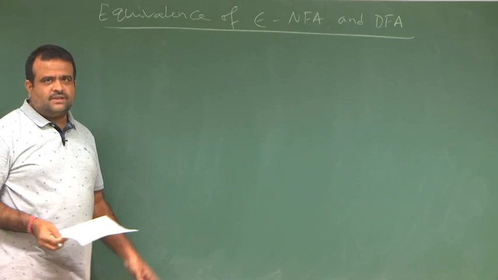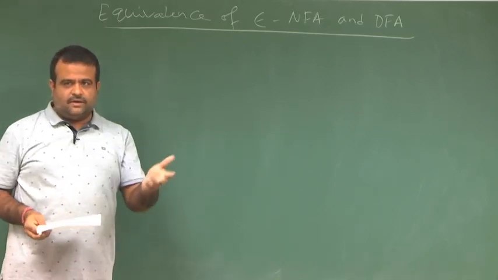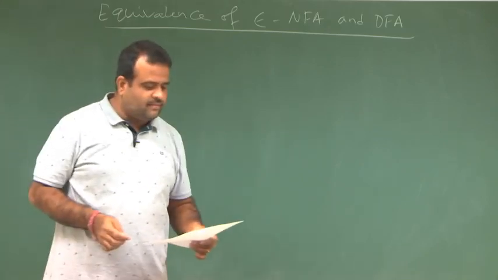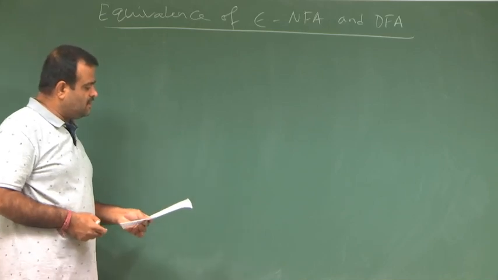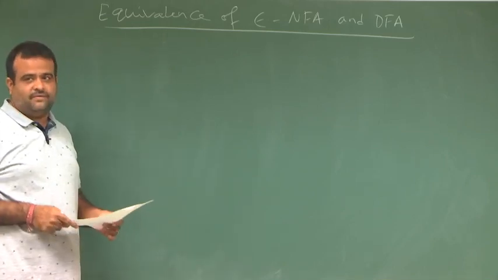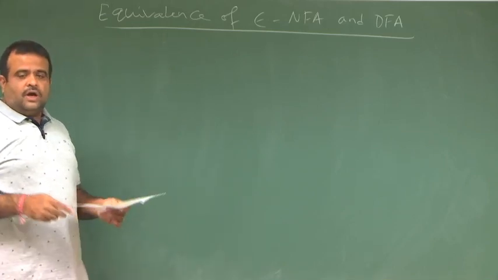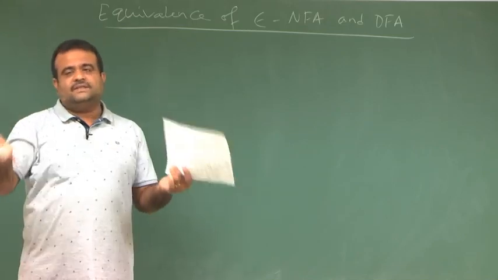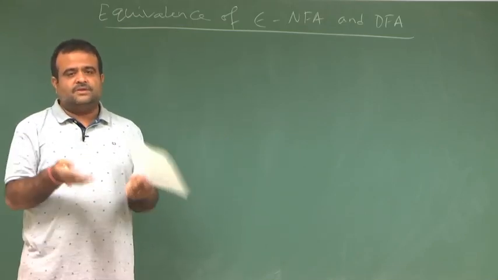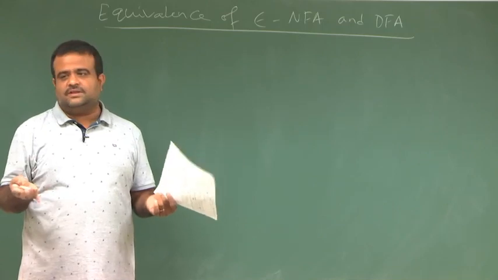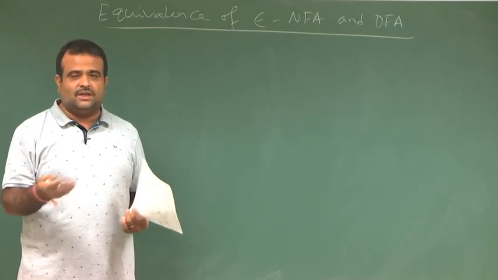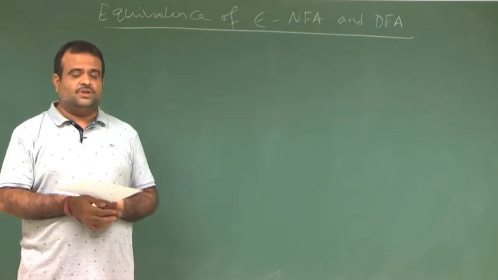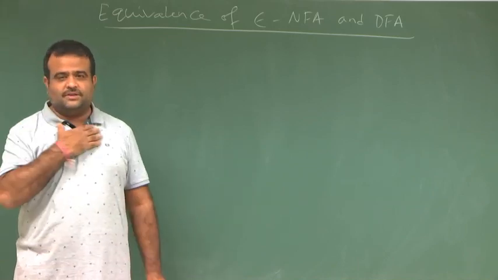Okay, so it is a theorem we can consider: a language is accepted by an epsilon NFA if and only if the language is accepted by a DFA. A DFA can be considered as an epsilon NFA, because in an epsilon NFA it is not necessary that we have a move for epsilon; that is optional. So, a DFA can be considered as an epsilon NFA.